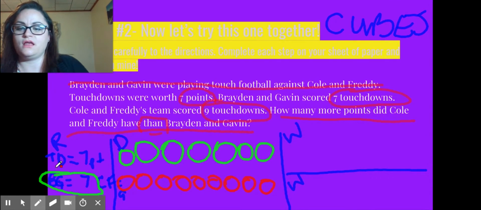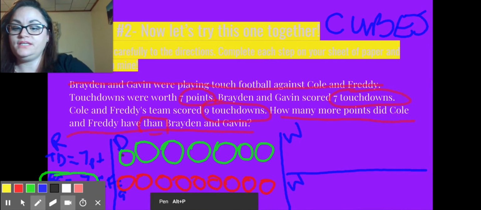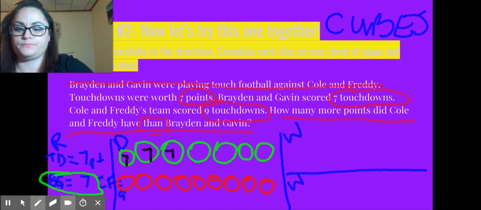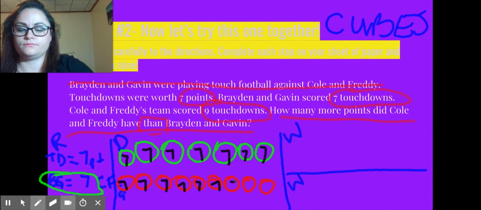But here I have one thing left over. It says that touchdowns were worth 7 points. So each one of these circles represents 7 points. So I'm going to put a 7 on the inside of each touchdown. Perfect.